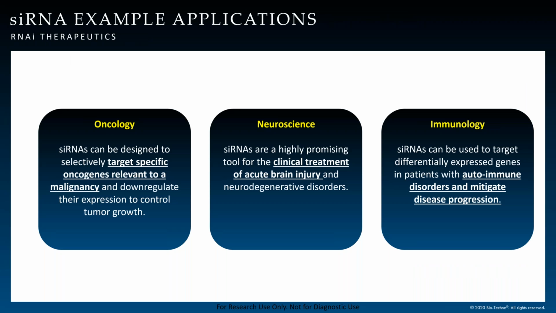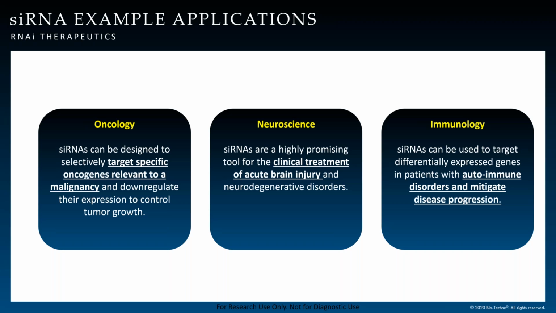Another key application to discuss is small interfering RNAs or siRNAs. This class of RNA has shown very significant potential in these key areas, which include oncology, neuroscience, and immunology. In terms of oncology, these siRNAs have shown to be a great therapeutic agent targeting key oncogenes that downregulate key signaling networks in different cancer or tumor growth.